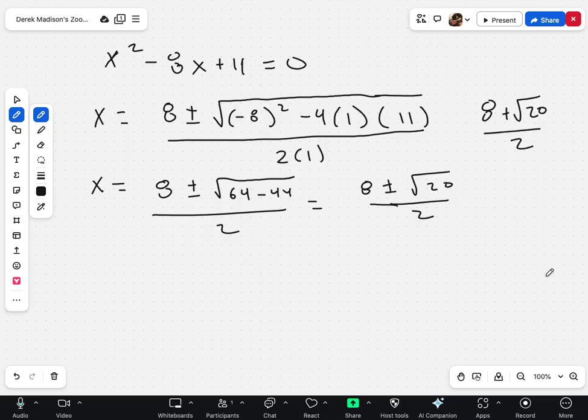So 8 plus square root of 20. And for that, I'm just using my square root key. Somewhere on your calculator, you should have a button that looks like that. So I'm just typing it just like it's written, 8 plus root 20. And then I hit enter, and that gives me 12.472, etc., on the calculator screen.